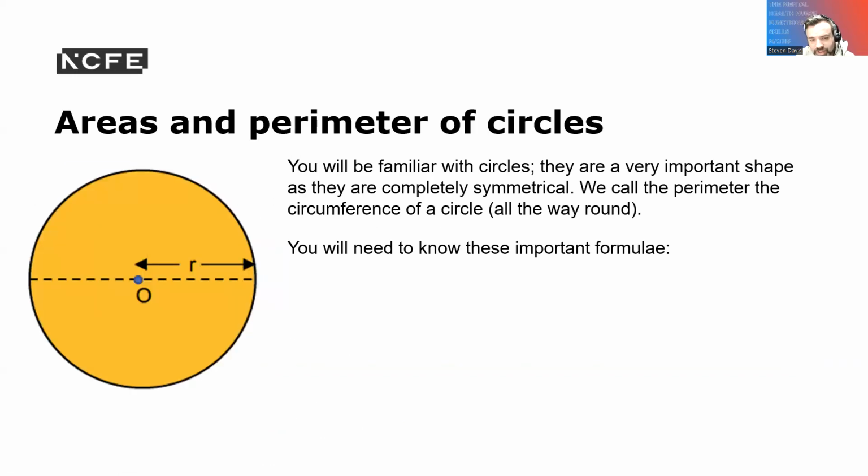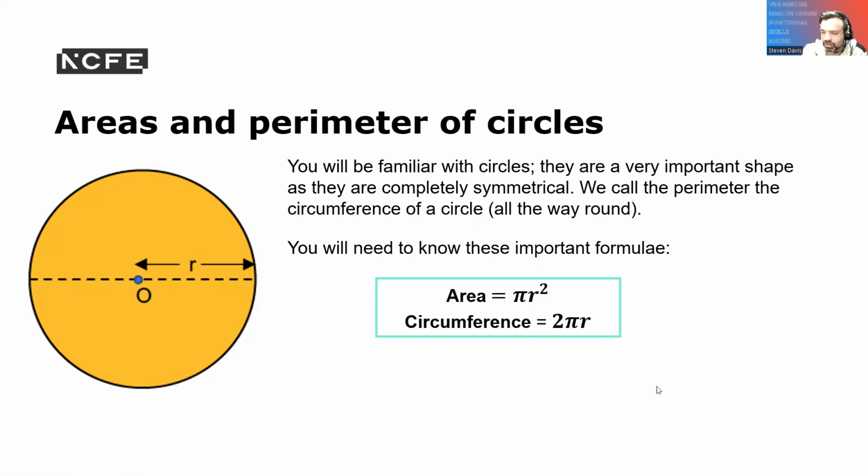So areas and perimeters of a circle. This is where we go to the center. The circle is a very important shape as it's completely symmetrical. We call the perimeter the circumference of the circle, and you will need to know these formulas.